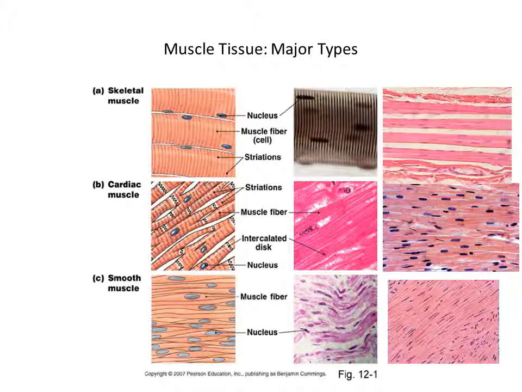That way they work in a unit, because you want your heart beating as one continuous pulse, not a few cells firing discretely. And so then here's 2 different pictures where you can see the intercalated discs between them. And smooth muscle has a typical spindle shape.